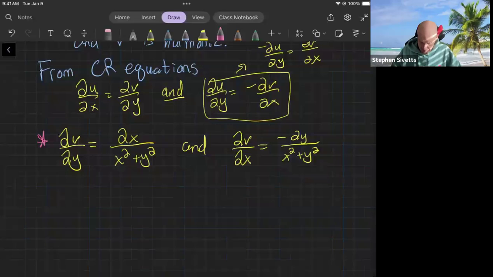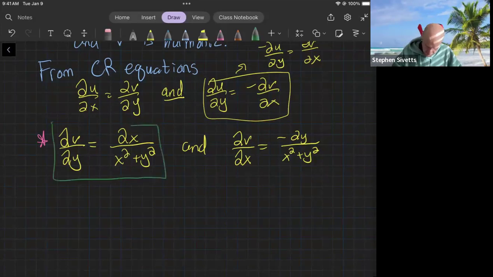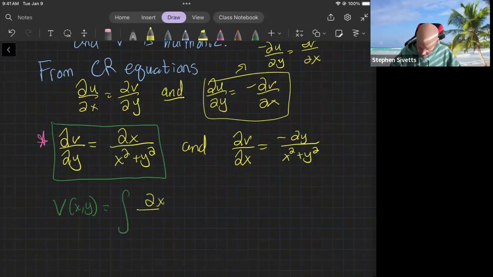So here's what we're going to do. We are going to look at the first equation of v, and to figure out what v of x y is, all we have to do is take the antiderivative of the function 2x divided by x squared plus y squared, with respect to y.